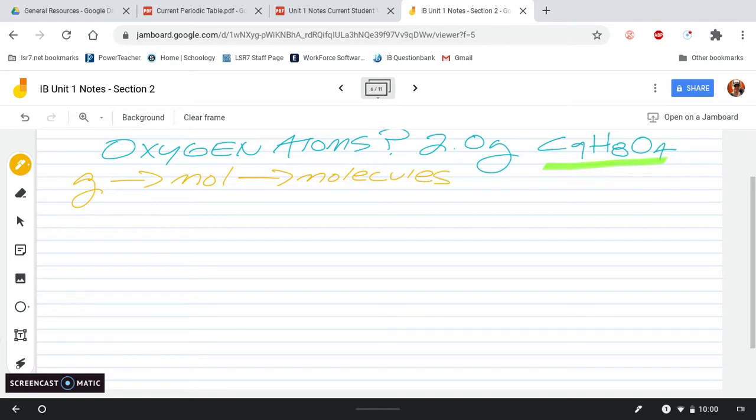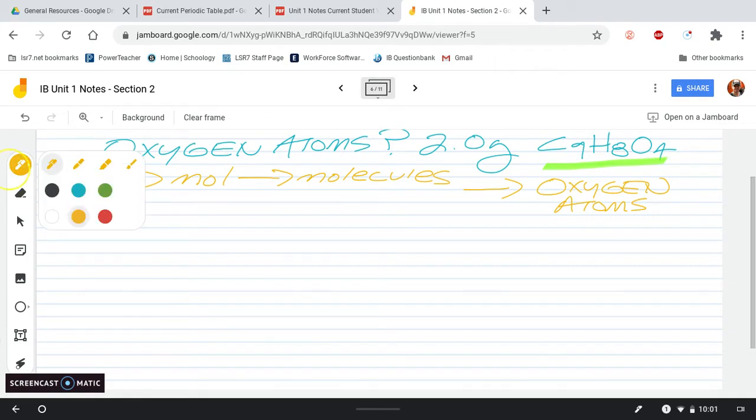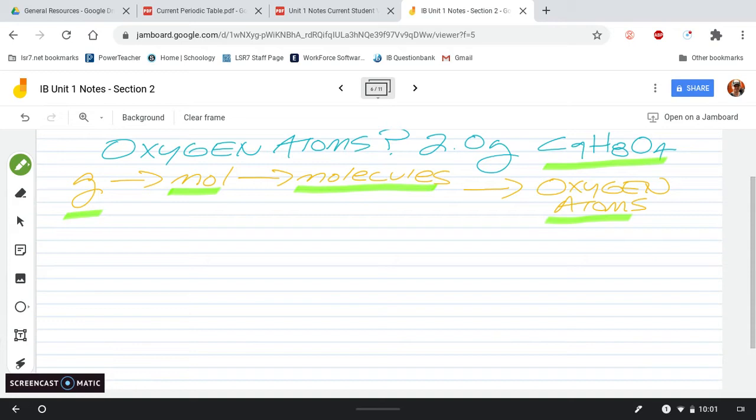And then we're going to slide from the molecules into specifically the oxygen atoms. So you guys are going to get this big, long conversion factor, but it's manageable. But what we want to understand is that there is a pattern here, and we can't skip anything. So this is where we start. Then always have to go to moles, then particles, and then now the more specific one. Okay, so let's see if we can do that. Which, well, I mean, I know we can do it. So let's just do it.